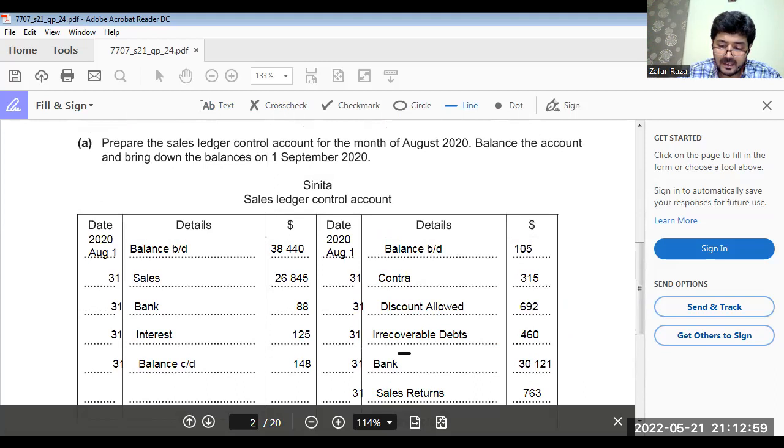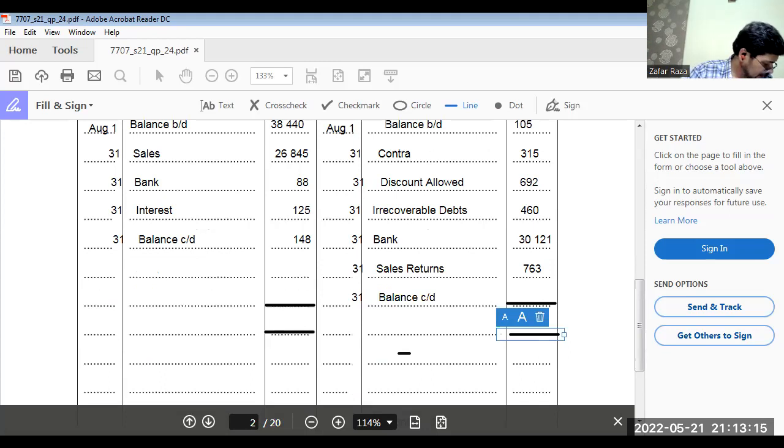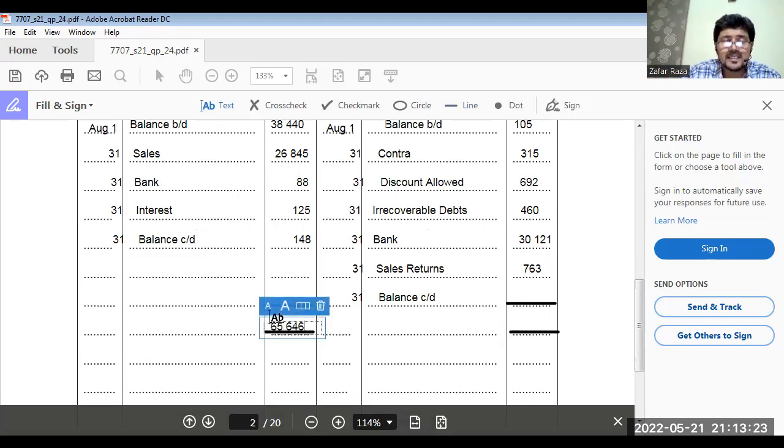38,440 plus 26,845 plus 88 plus 125 plus 148. Answer is 65,646. Done. Now start deducting from 65,646. Deduct all the credit items.